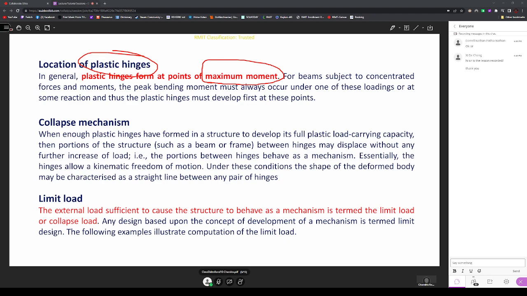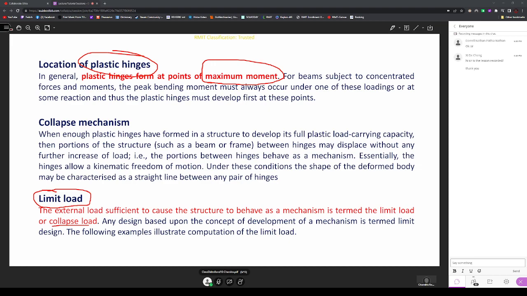Okay, so once we identify the plastic hinges, then we can study what will be the limit load the structure can withstand. So limit load refers to the load which is sufficient to cause the structure to behave as a mechanism. Okay, so this is also called the collapse load.